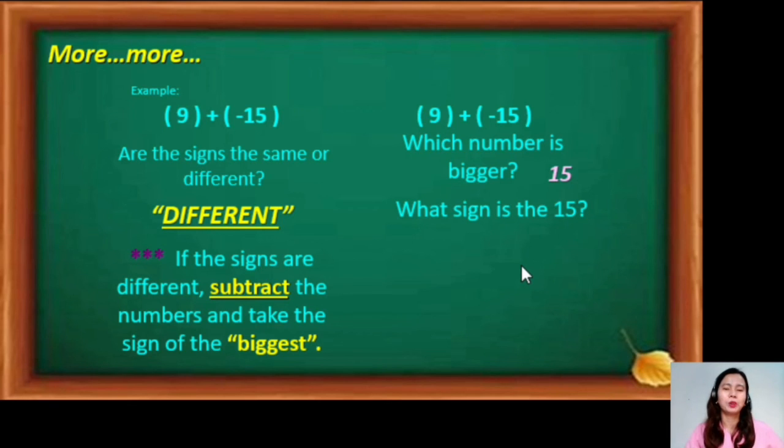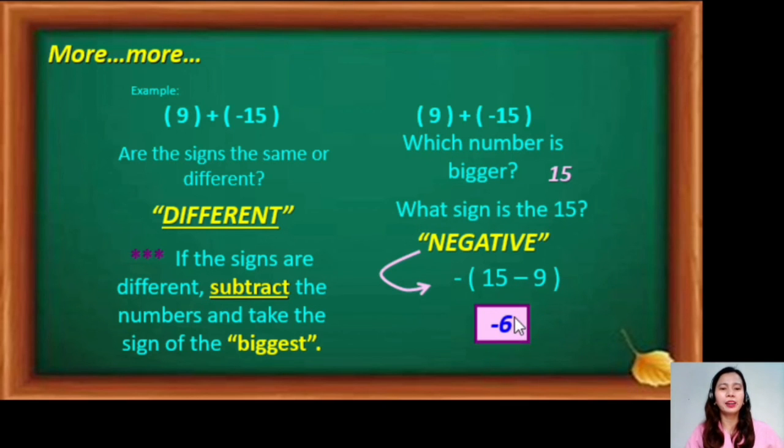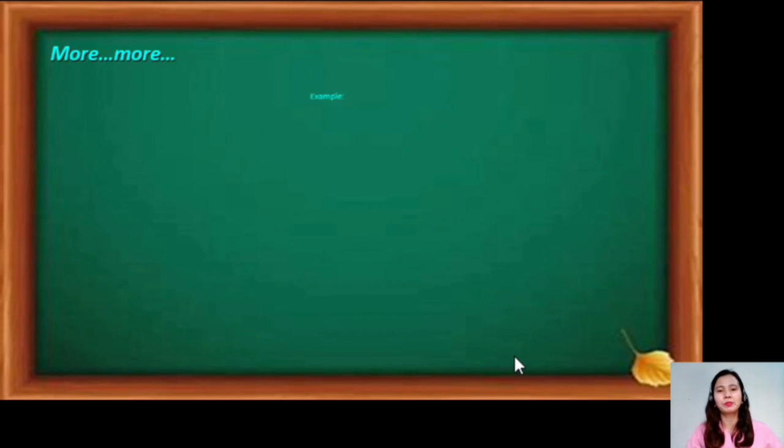Okay, negative. We're going to subtract 15 and 9, then we will copy the sign of 15, and that is negative. 15 minus 9 is 6. The sign of 15 is negative, so our answer must be negative 6.